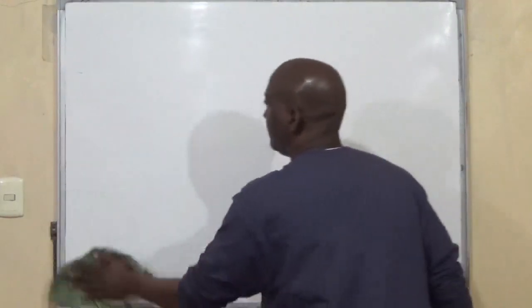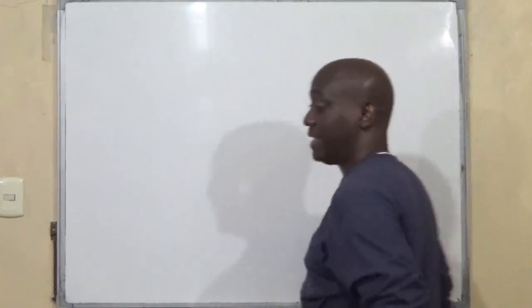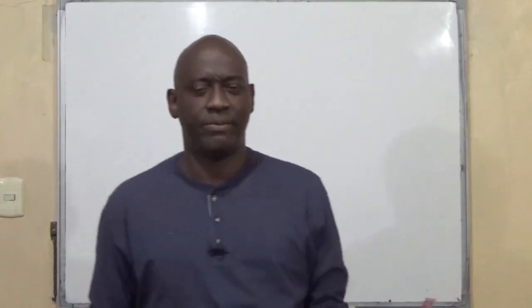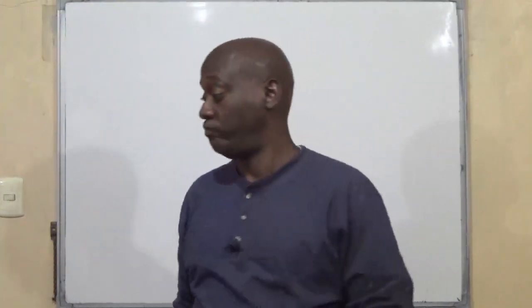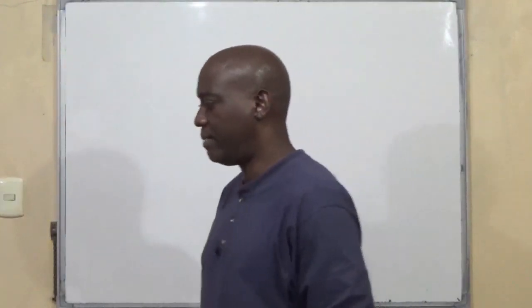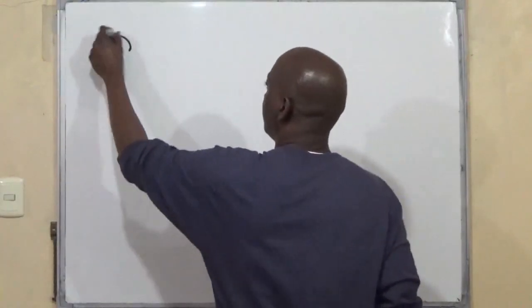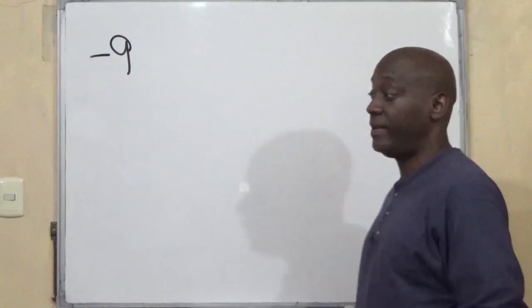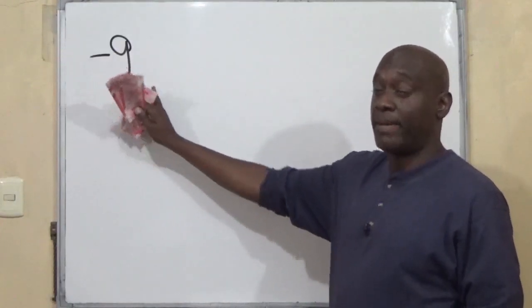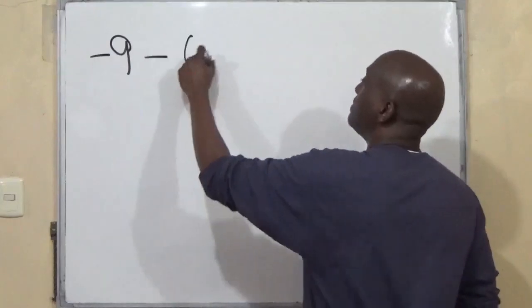You realize that, watch it now, and watch it again. You have a bank account. Again, we're dealing with money, a bank account. And you have a payment of minus 9 to make, whatever you're paying that to. Minus 9. And then from the minus 9, you're taking minus 6.